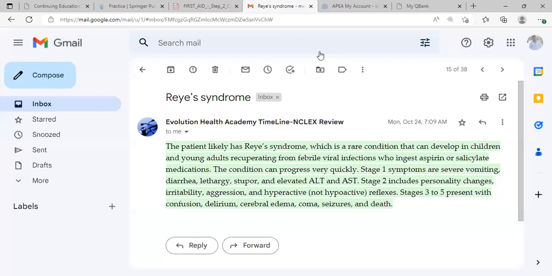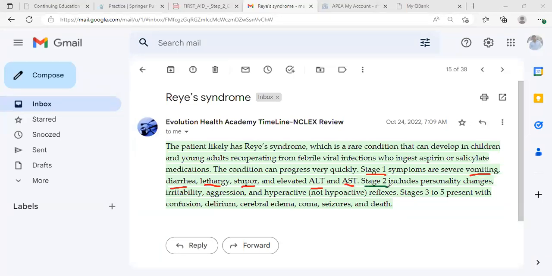So patients who have Reye syndrome, in stage 1, have severe vomiting, because when a baby vomits, it leads to hypovolemic shock, or if the patient has diarrhea, it leads to hypovolemia, and all together lead to the lethargy and stupor. If you check liver enzymes, ALT and AST are elevated.